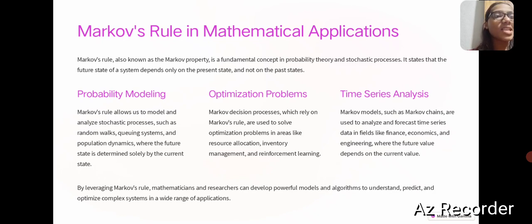Markov models such as Markov chains are used to analyze and forecast time series data in fields like finance, economics, and engineering, where the future value depends on the current value. By leveraging Markov's rule, mathematicians and researchers can develop powerful models and algorithms to understand, predict, and optimize complex systems in a wide range of applications.